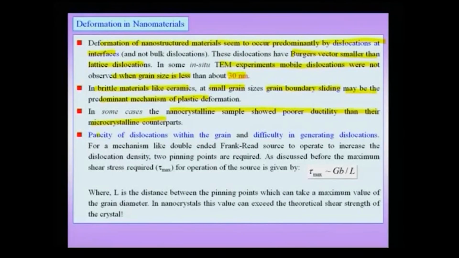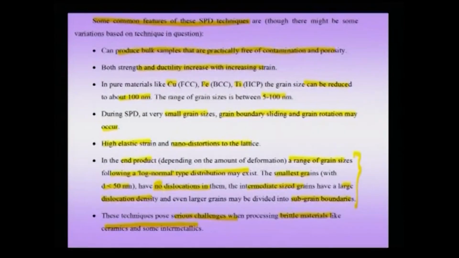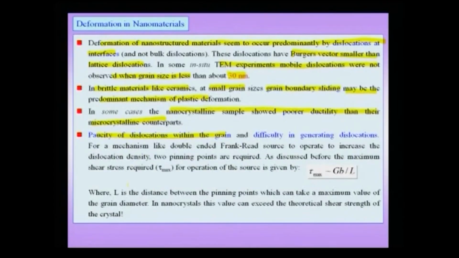Some of the important things we observed regarding mechanism is the paucity of dislocations within the grain, which we have already seen in a previous slide: when you go down to a very small size of less than about 15 nanometers, typically less than about 30 nanometers, there are not many dislocations within the grain.